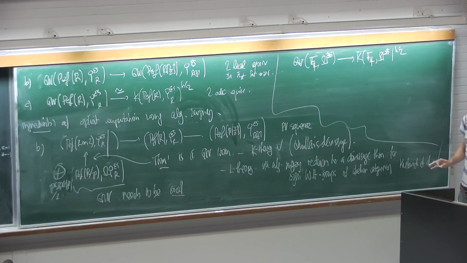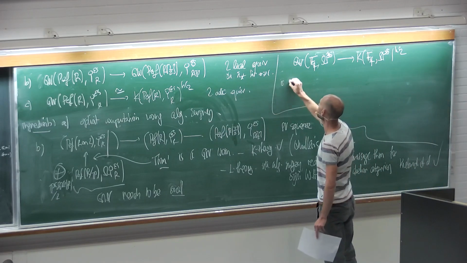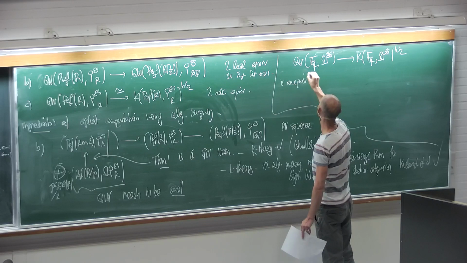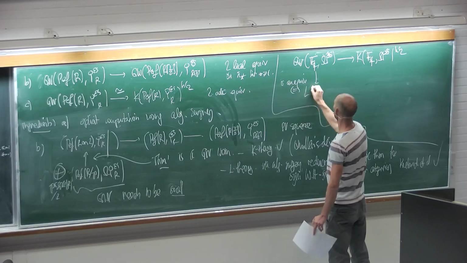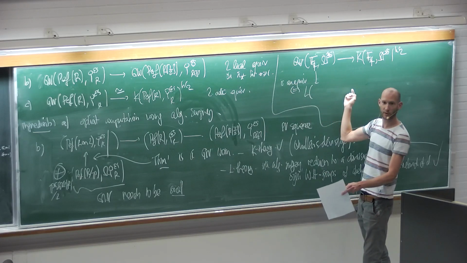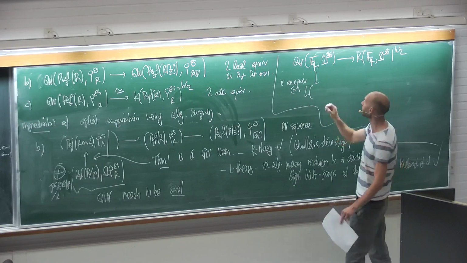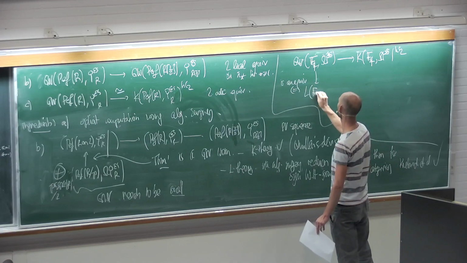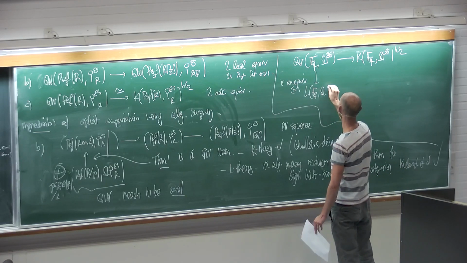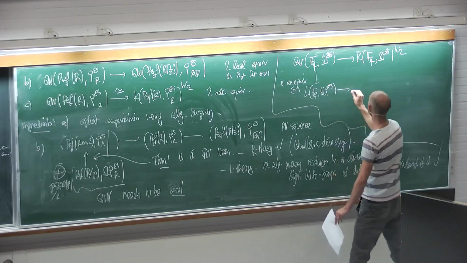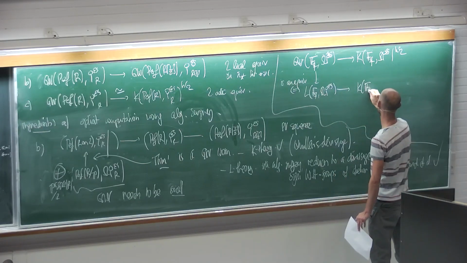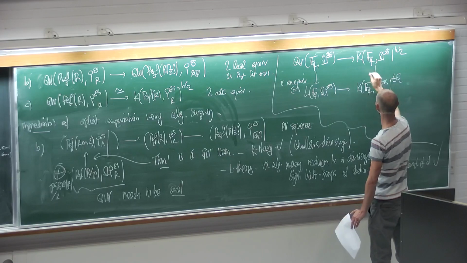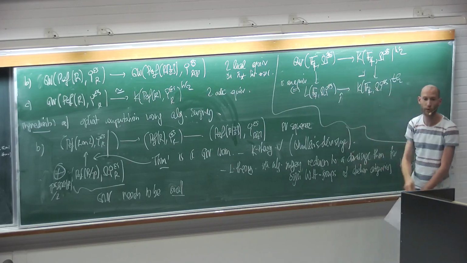It's a legal move I think I'm allowed to do. I can study this map. And this map is an equivalence if and only if another map is an equivalence which is adjacent to it in a pullback diagram. And what is adjacent to it in a pullback diagram is if I look at L theory of this guy and K theory of this guy, and I have to put Tate C2, right? This is a pullback, so I can equally well study this map.